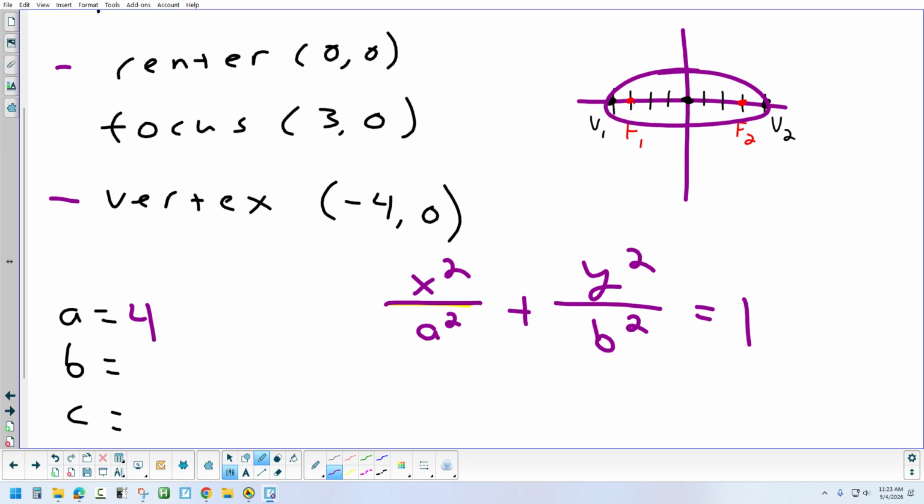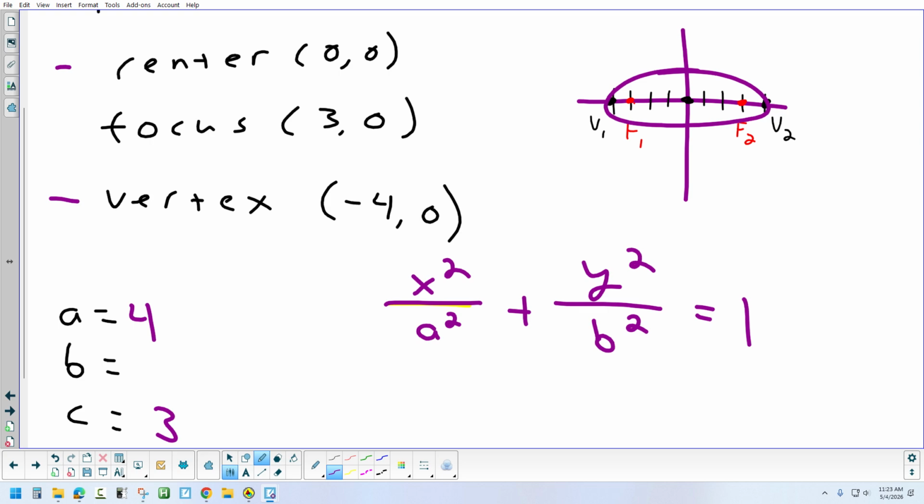Okay, so vertex to center. Got it. And you said we know C. What's C? The distance from the center to the focus. This time the center is the origin, but we're going to shift it in a little bit. Origin to (3, 0), that's 3.